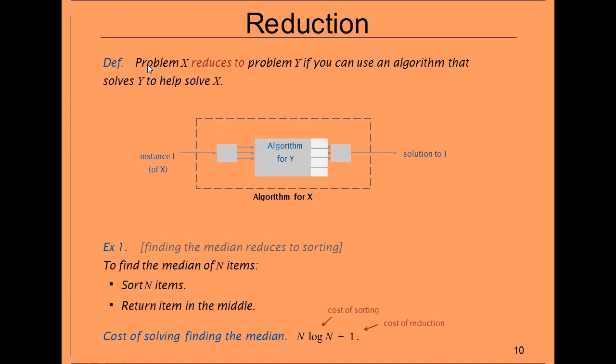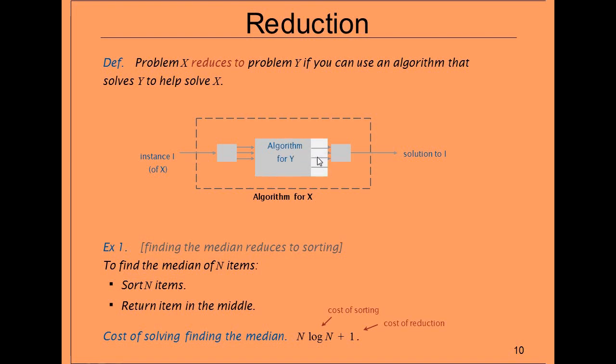Now see the definition. Problem X reduces to problem Y if you can use an algorithm that solves Y to help solve X. Here X is finding the median. What is your Y? Your Y is sorting.